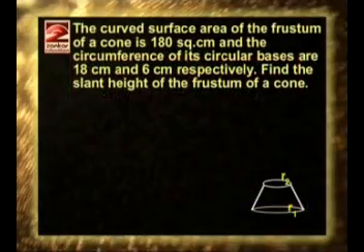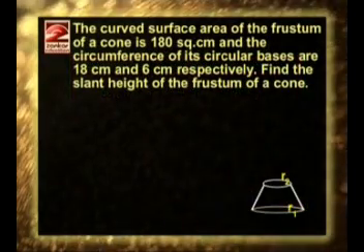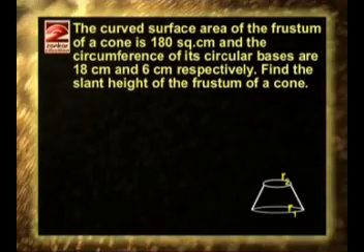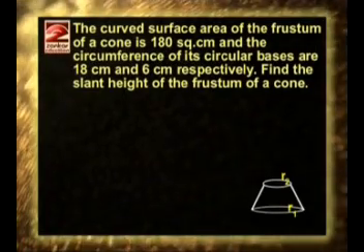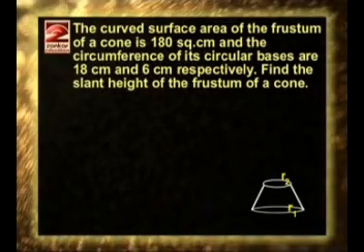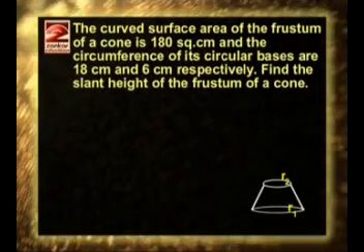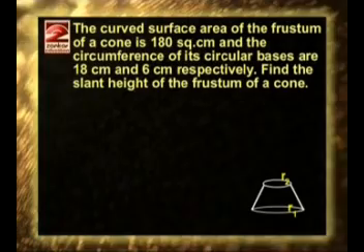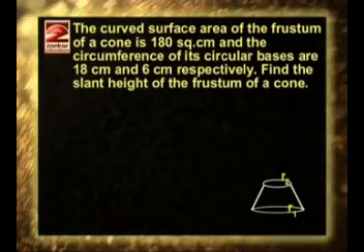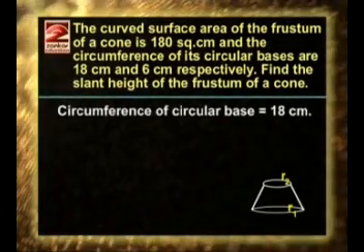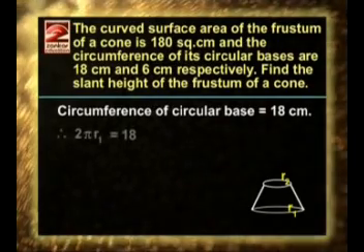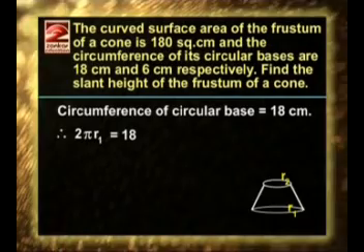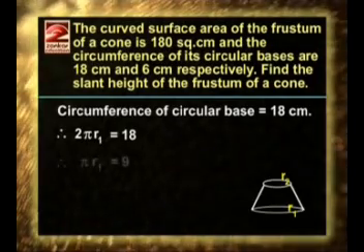Now the question: the curved surface area of the frustum of a cone is 180 square centimeter and the circumferences of the circular bases are 18 centimeter and 6 centimeter respectively. Find the slant height of the frustum of the cone. Here, the circumference of the circular base is equal to 18 centimeter and therefore 2 pi r1 is equal to 18.